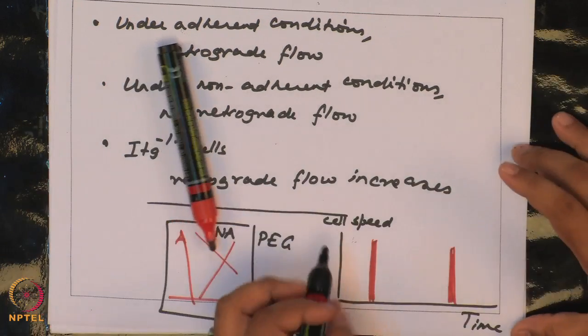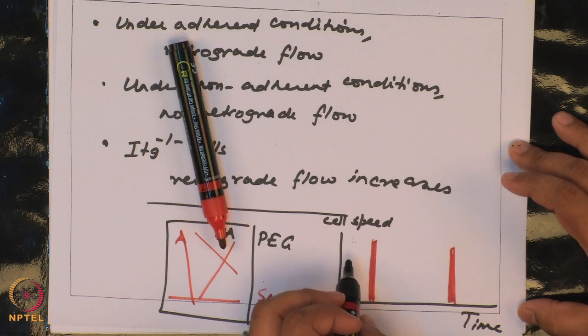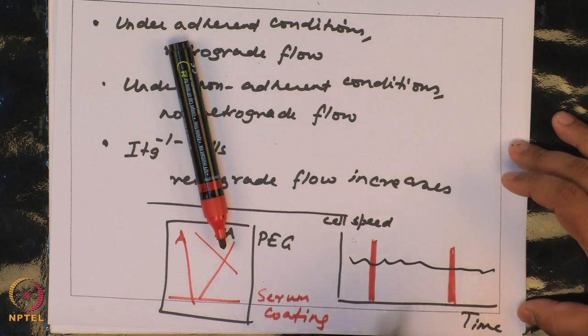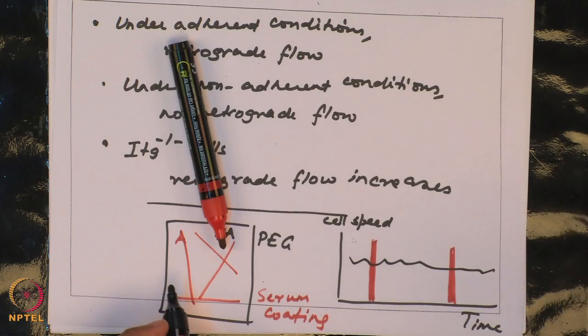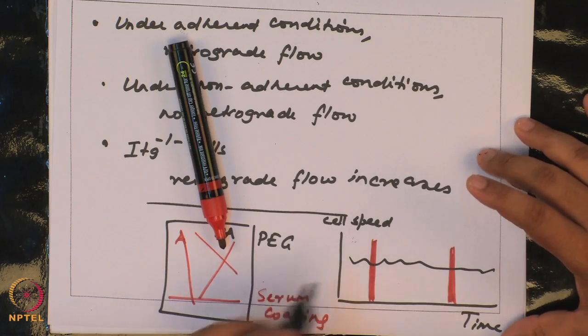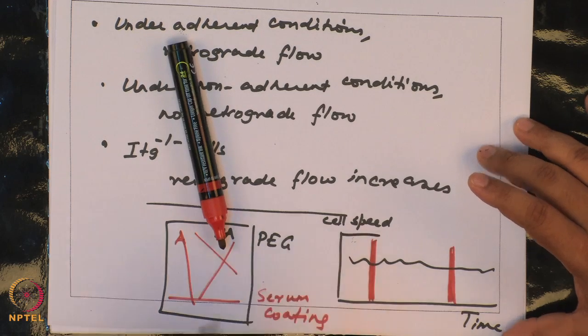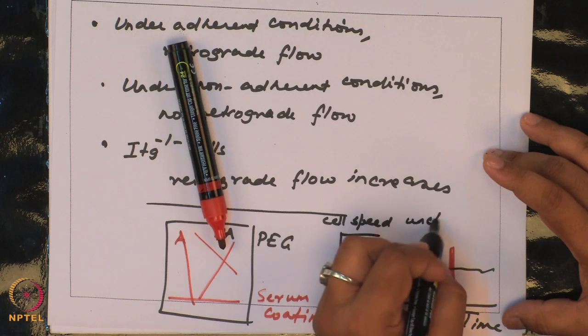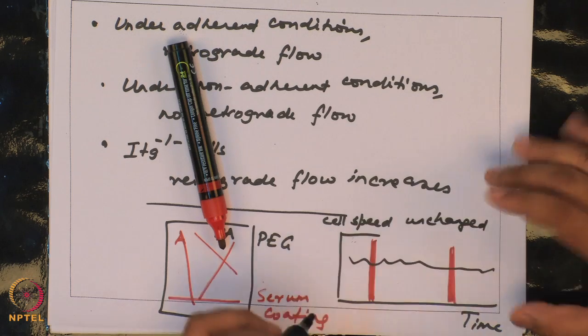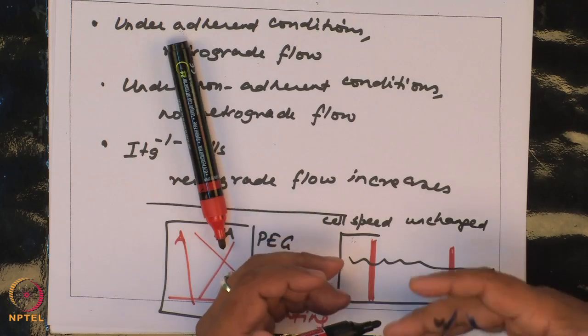What they found was when the cell was migrating on these zones, your cell speed remained unchanged. So, even if you provide adherent and non-adherent zones mixed together, the cells can adapt to it in real time.